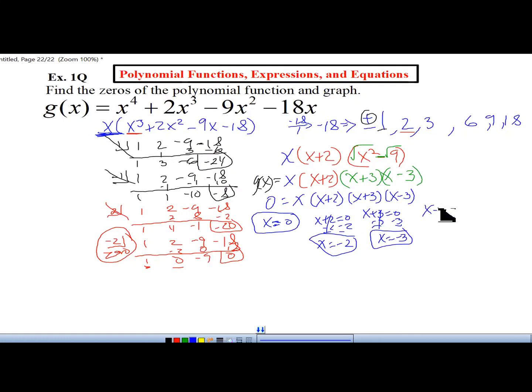And x minus 3 equals 0, plus 3 plus 3, x equals 3. Okay, so now that we have our zeros, x-intercepts, solutions, roots, let's graph. Here's our coordinate plane.